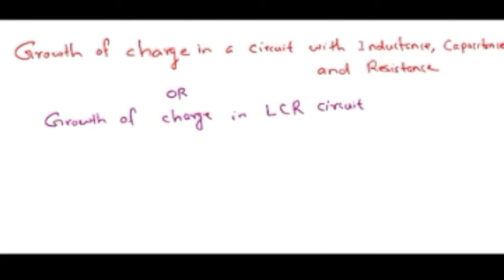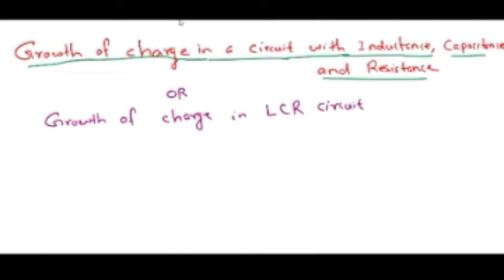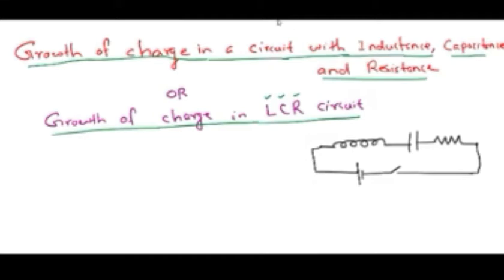Today we discuss the growth of charge in a circuit with inductance, capacitance and resistance, or shortly, the growth of charge in an LCR circuit, that is, a circuit containing inductor L, capacitor C and resistance R, with the voltage source E and the key K.